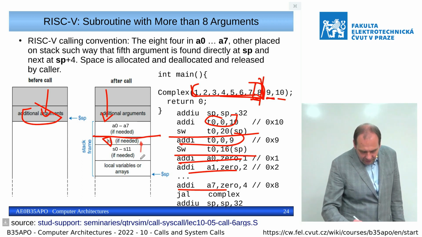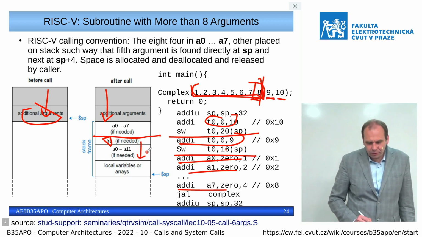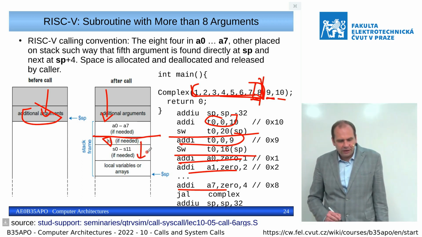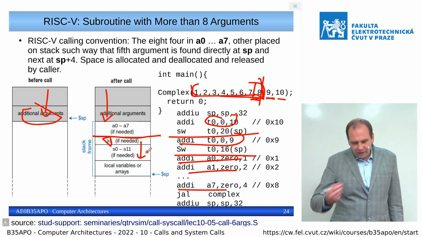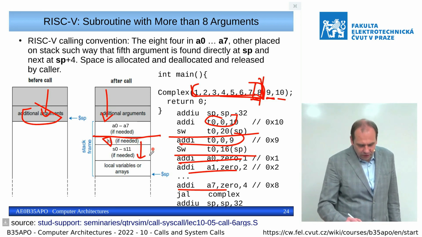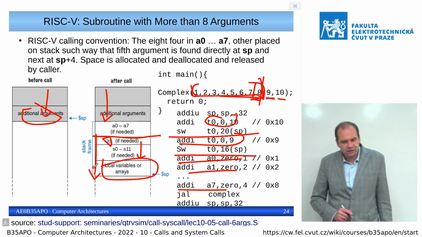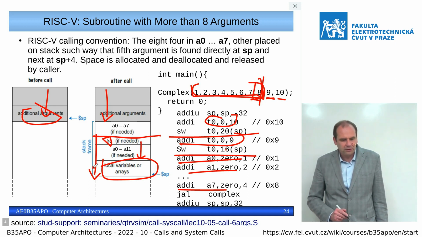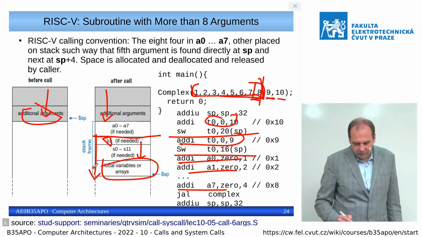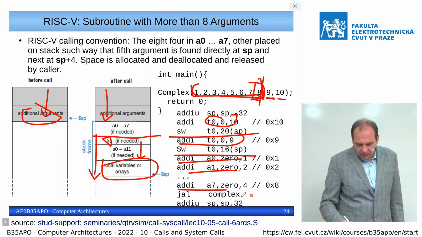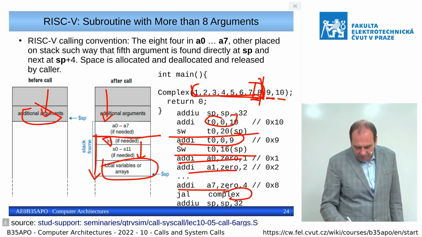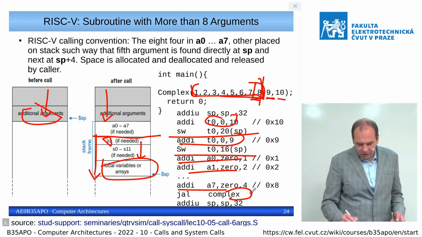And then it stores there those saved registers which need to be preserved till the end of the subroutine. And if there are some local variables, then even the local variables are stored onto the stack. This is an example of how to call a complex function.